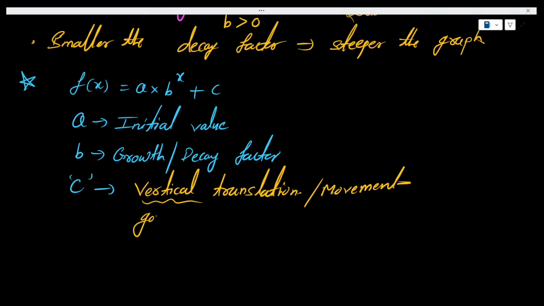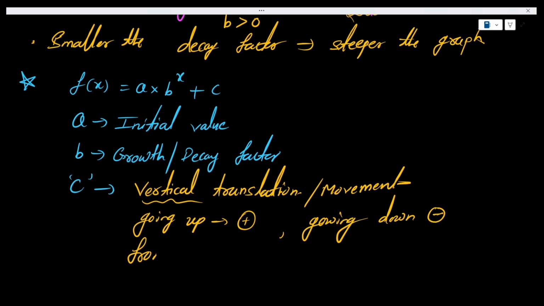So going up will be the positive part, it will always be positive, and going down is going to be subtracting from the horizontal asymptote. Now, what does that mean here?